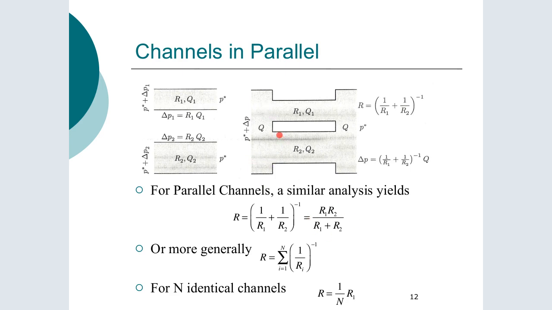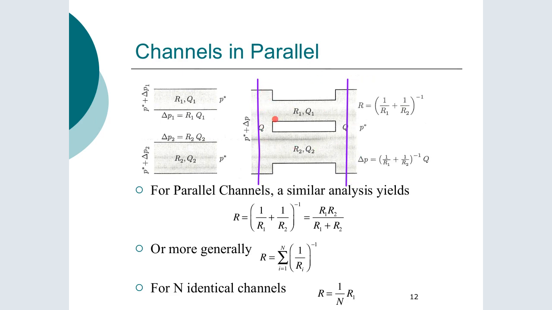If we take the same assumptions that, again, our entrance regions are a very, very small overall contribution to the total pressure drop, and also that our pressure is uniform along here. And again, when you're manifolding many channels, that's not necessarily the case. So we assume that we have a constant pressure line along here, a constant pressure line along there.